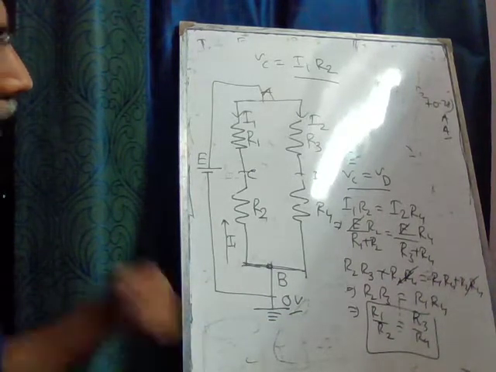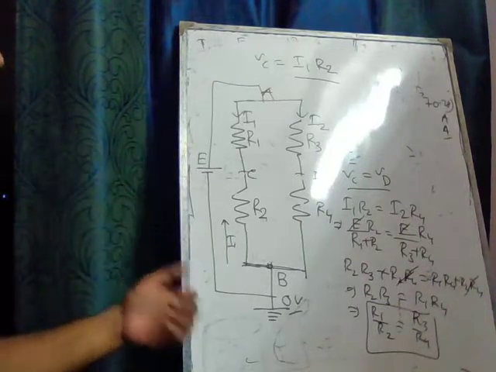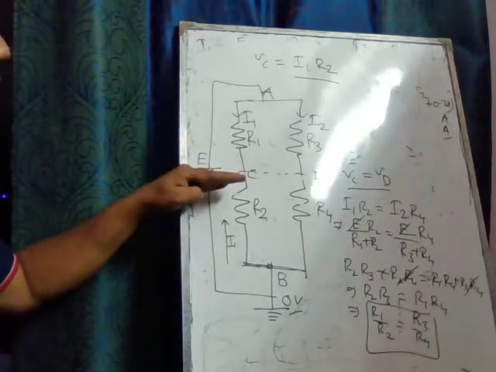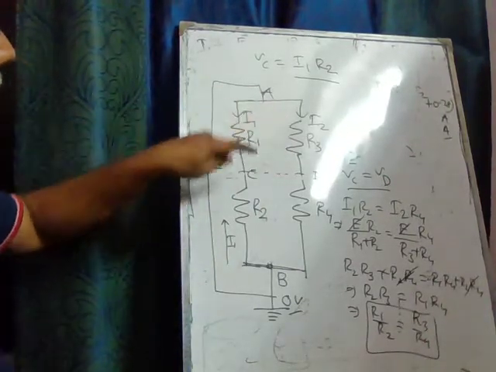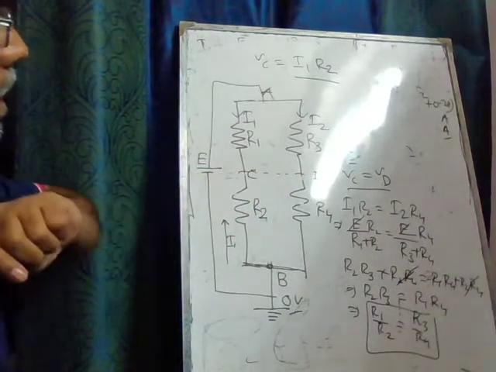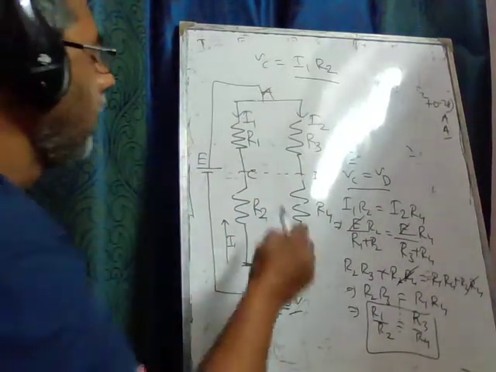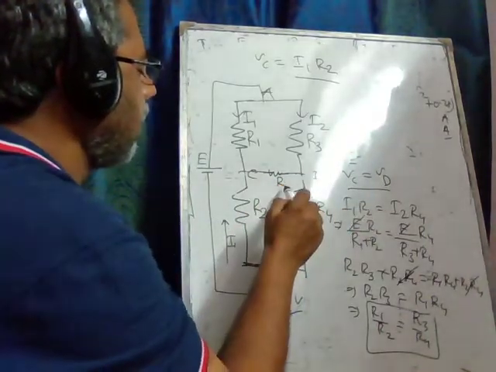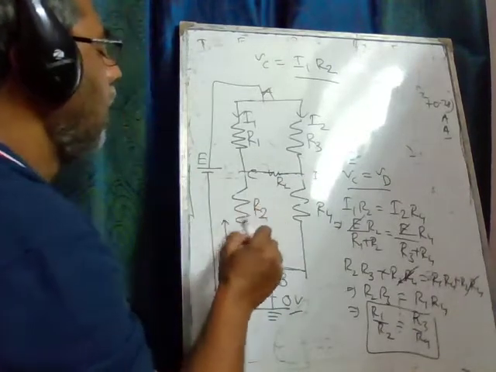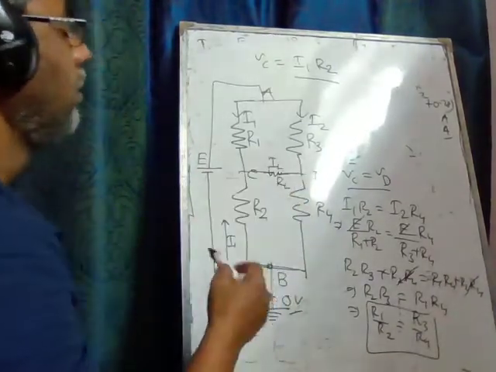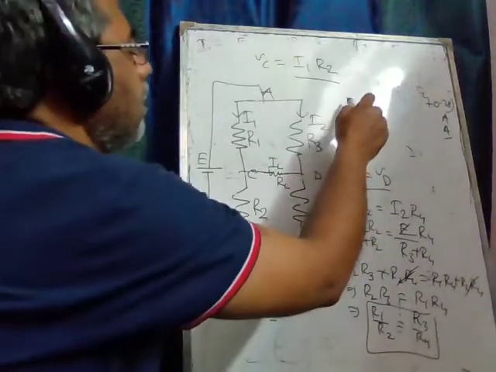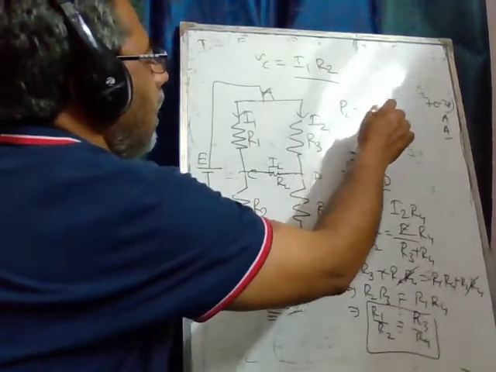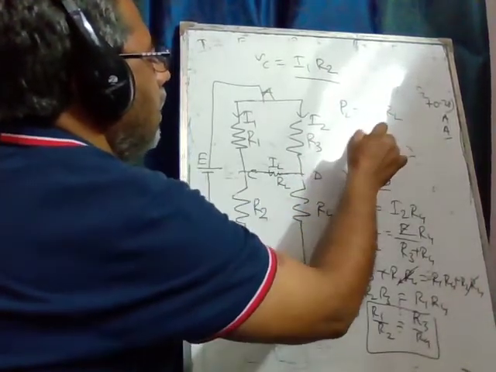Now again, if we want to extend, sometimes this is extended to find the power dissipation in this branch when the bridge is unbalanced. In that case we have to consider that suppose there is a resistance, which we have taken as R5, say this is RL and the current is say IL, which we have already calculated. So the power across RL should be PL equals IL squared RL.